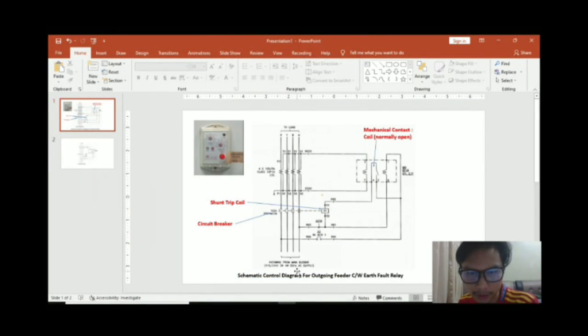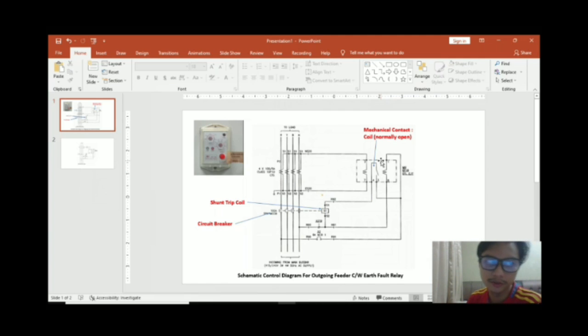So we start from the main bus bar, from here. Then I'm going to explain the circuit breaker, a 100A TPN MCCB. The type of circuit breaker is MCCB, and it connects to the shunt trip coil ST, and then to the coil mechanical contact, which is normally open.